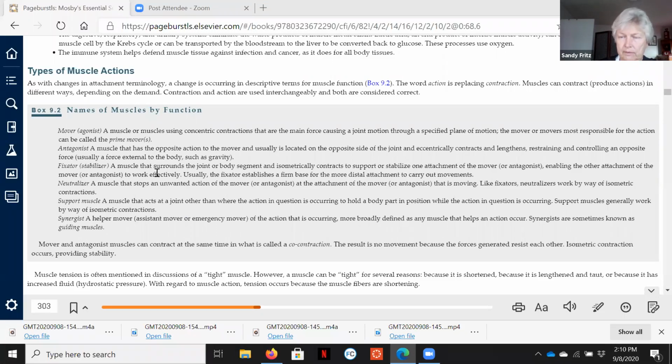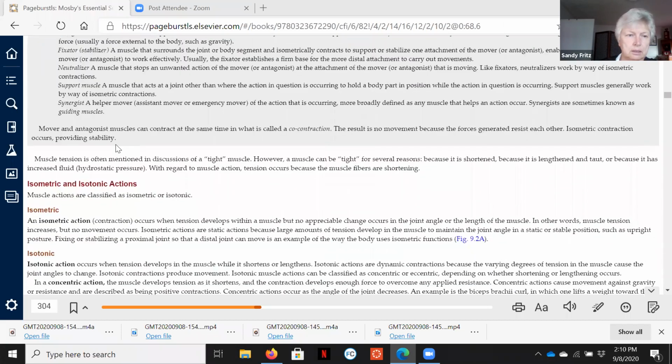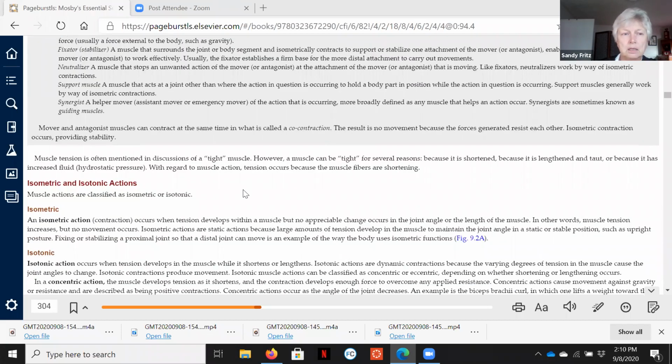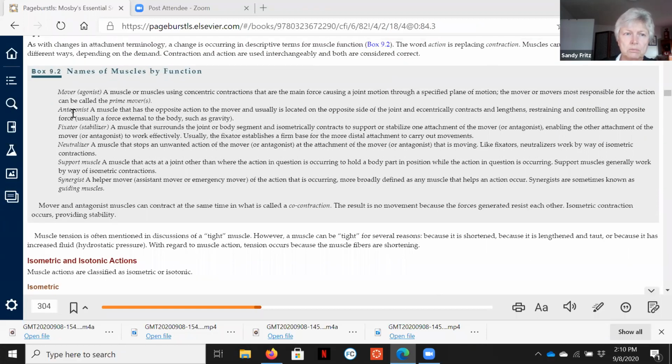It can do all of these things. But when a muscle is a mover, that requires different function than when it is a neutralizer, or it is functioning more as stabilization.